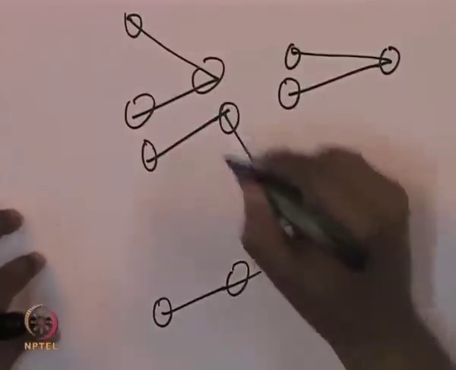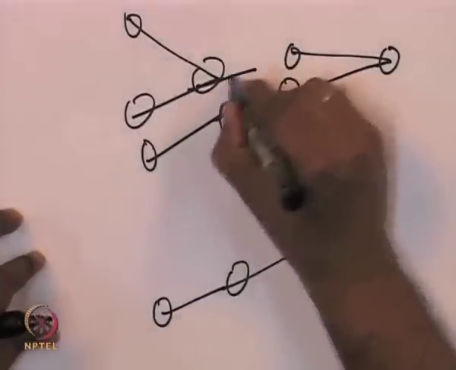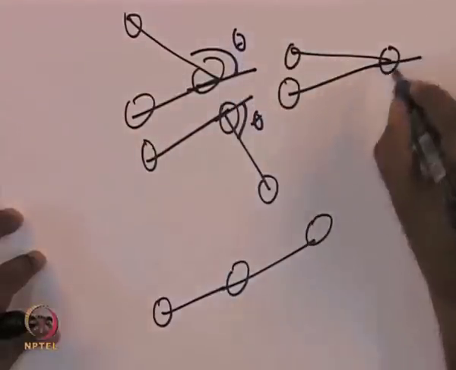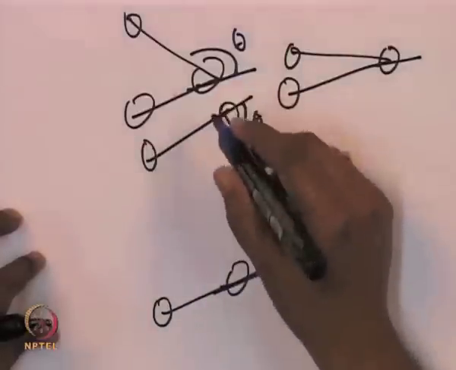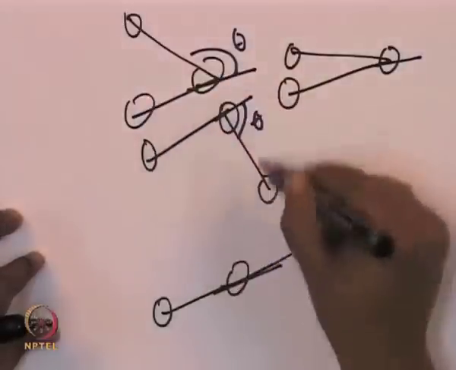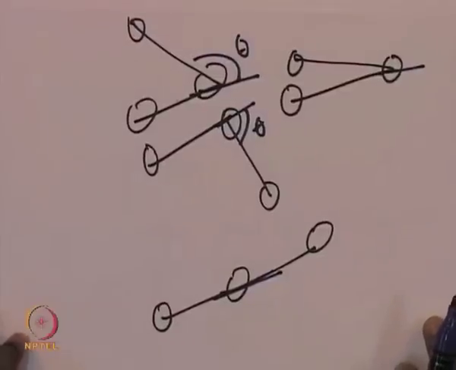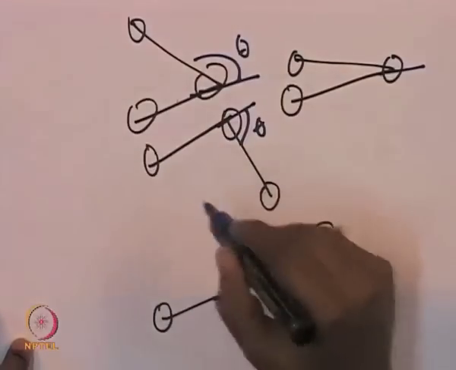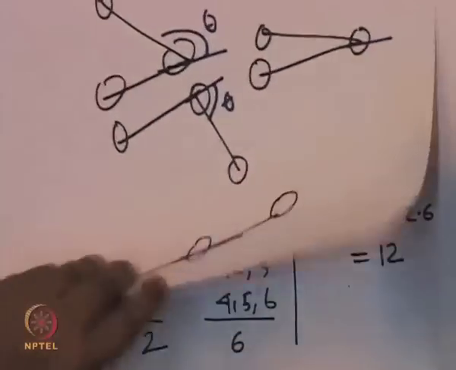So, if you think of this angle, so let us say if you call this angle as theta, this angle can take any value starting from 0 to 2 pi. So, the total number of states will be all possible sum of these conformations. So, you can take theta any value from 0 to 2 pi.